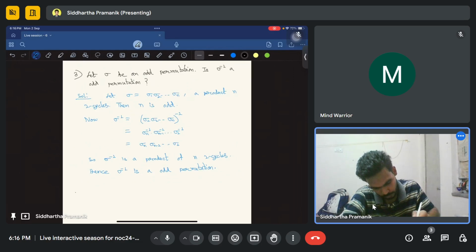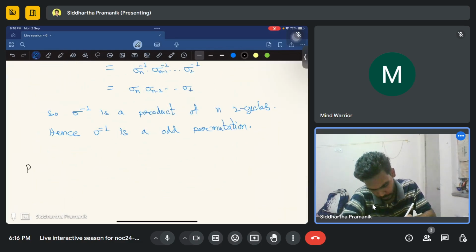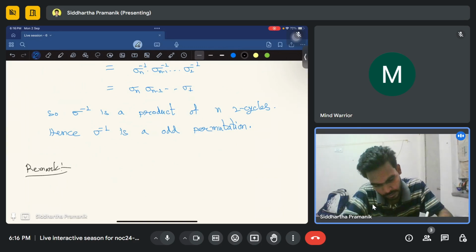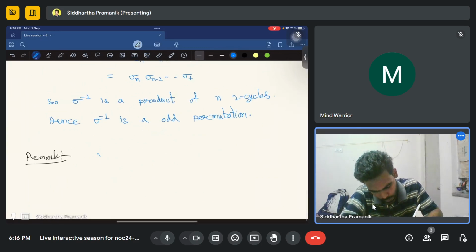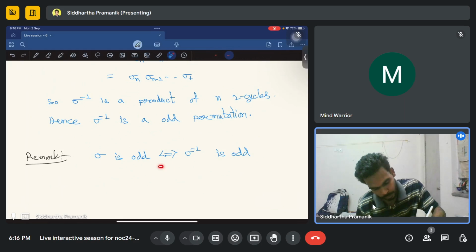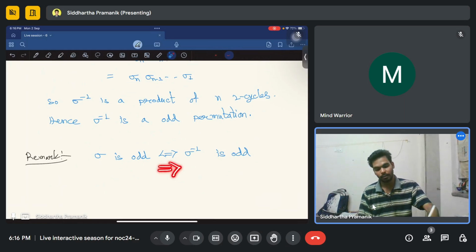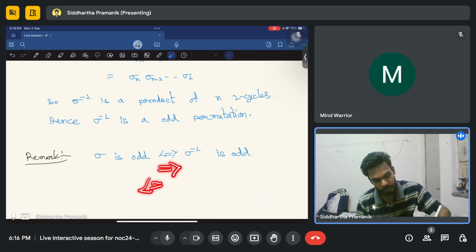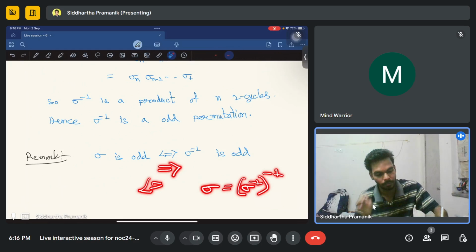So let me put that as a remark. Sigma is odd if and only if sigma inverse is odd. So we have proved this side. For the converse, note that sigma equals the inverse of sigma inverse.